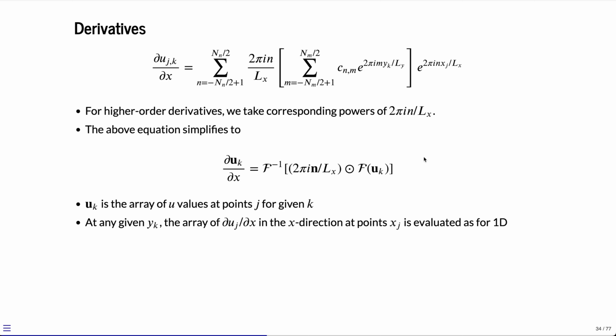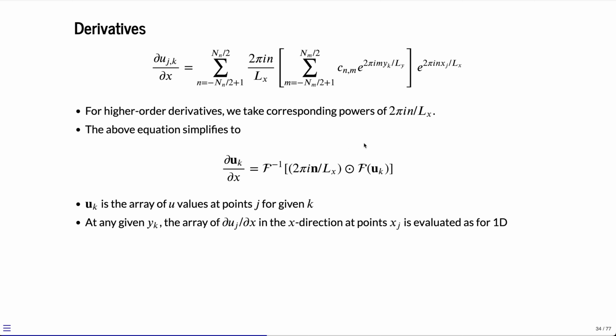We can simplify this to make it look just like it did in one dimension. So if you've got a two-dimensional grid and you want the derivative in x, say, then just consider a line of u in the x direction, take the FFT of that times this factor, and then the IFFT of that will give you the line of derivatives in that same direction.